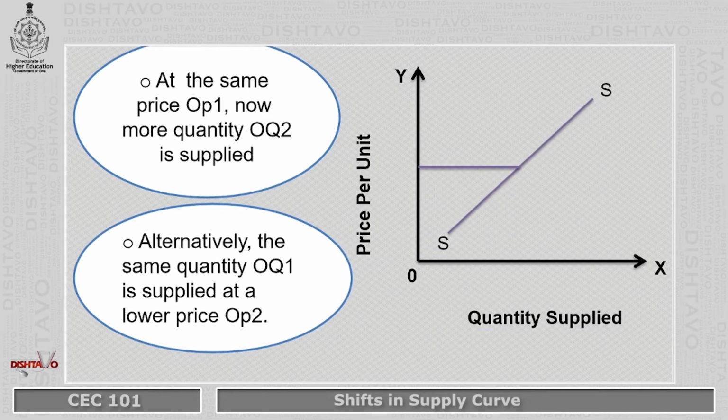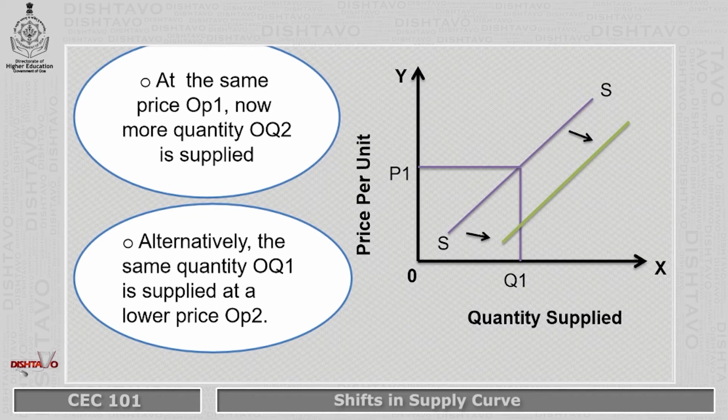Initial supply is SS1, the price of the commodity is OP1 and the quantity supplied is OQ1. So suppose there is an increase in the number of sellers in the market. Students, we have already seen that when there is increase in the number of sellers in the market, there will be more output supplied in the market. So it will lead to rightward shift in the supply curve.